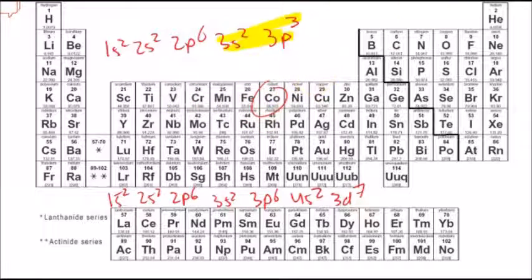Again, it's going to be the electrons in the outermost energy level, and that outermost energy level is 4 here.